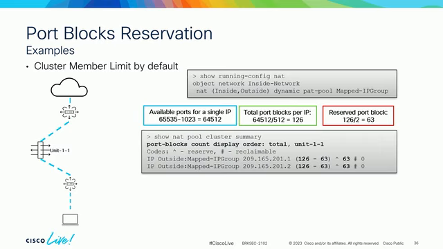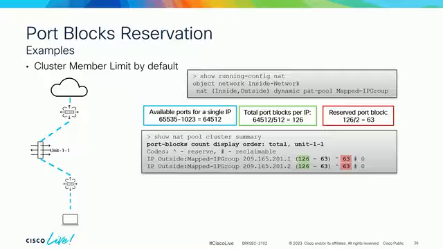From this command, we can see that each PAT IP address has 126 port blocks. Out of 126 port blocks, 63 port blocks are owned by the control unit, and 63 port blocks are reserved.